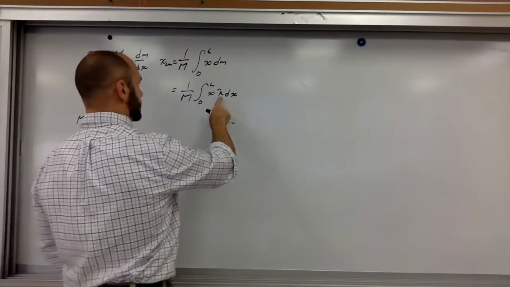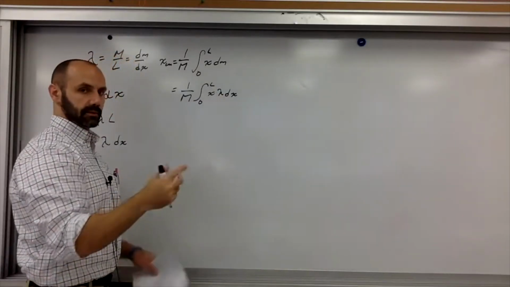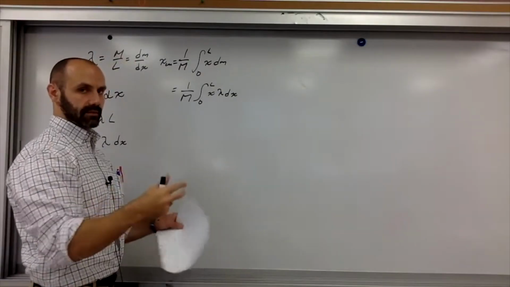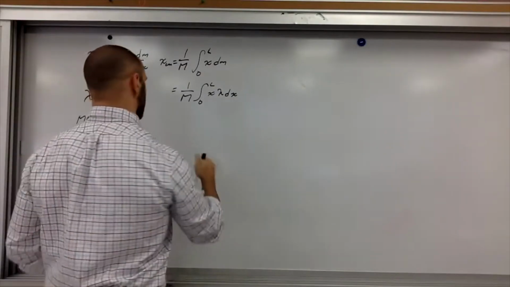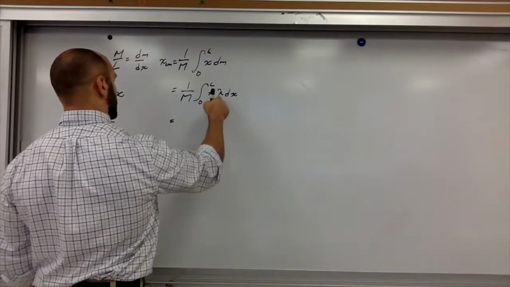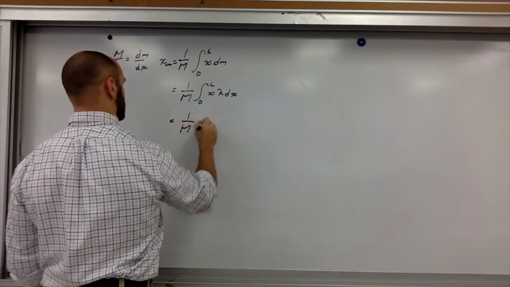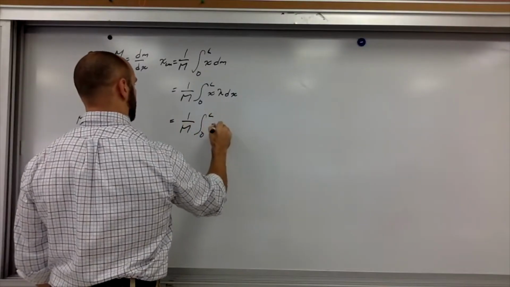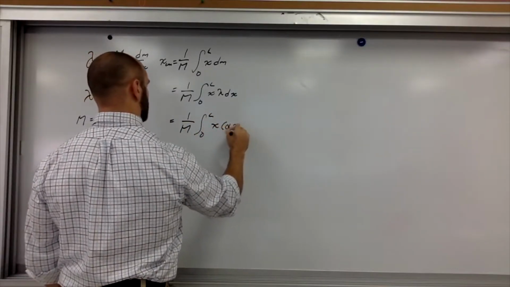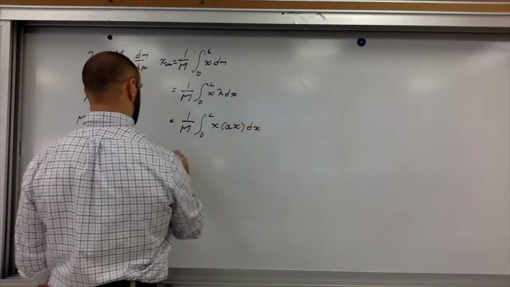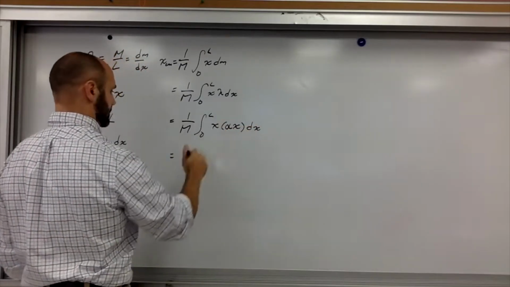But now lambda is not constant. In the previous problem, lambda was the same amount of mass per each part of the rod. But now I have a function for lambda. It's alpha x. So I've got 1 over the mass, from 0 to L, x times alpha x dx. So simplify, alpha is a constant, so I bring that out.